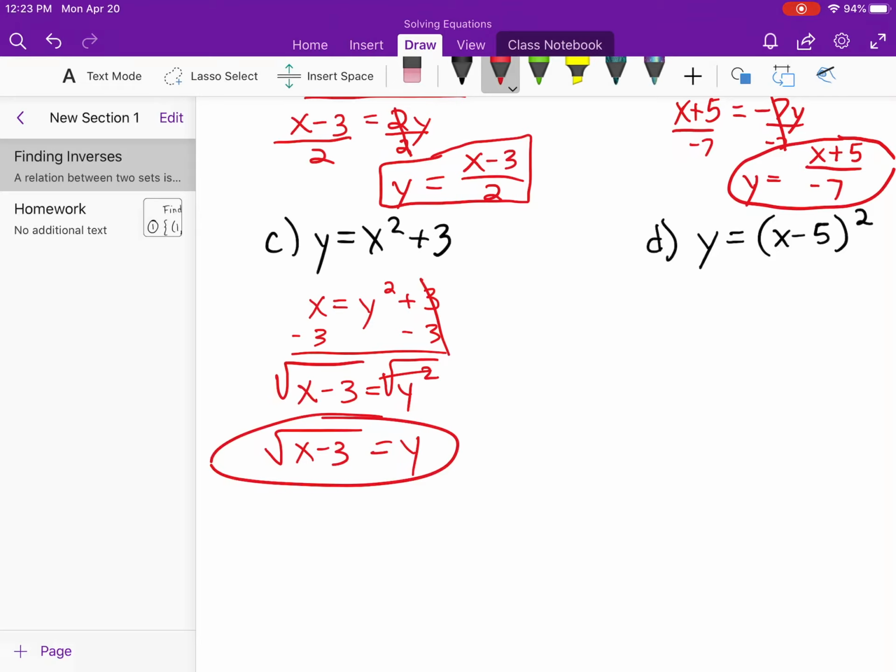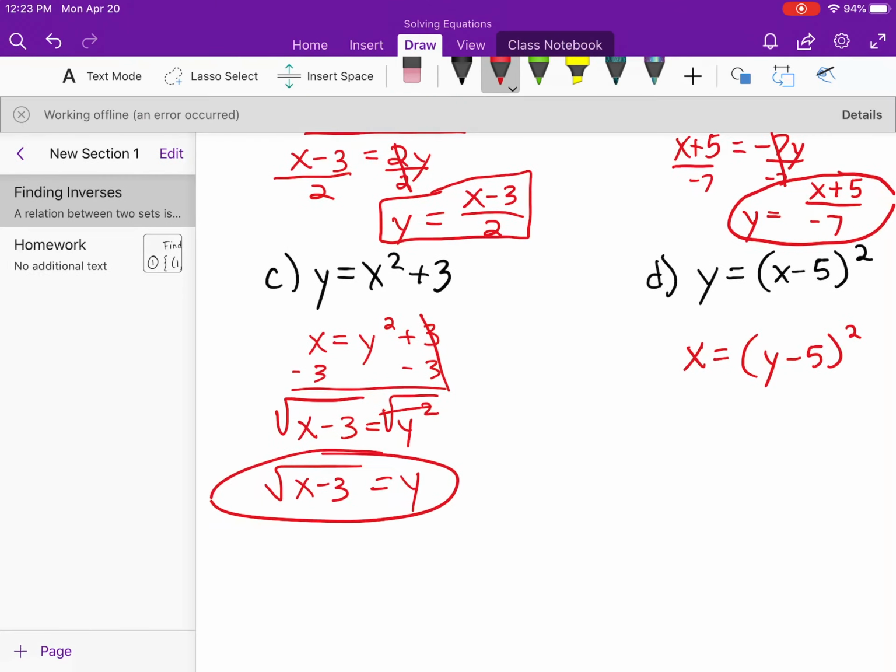Okay, same thing for letter D. First step, flip the x and y. Make it x equals y minus 5 squared. And now this one, I need to square root both sides next because of the parentheses. With that y minus 5 in the parentheses, that has to stay together right now. So square root both sides, which makes this the square root of x equals, now this cancels, y minus 5.